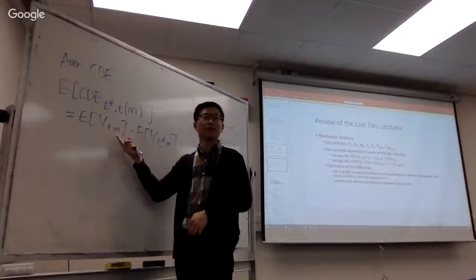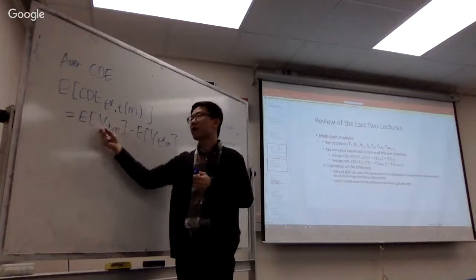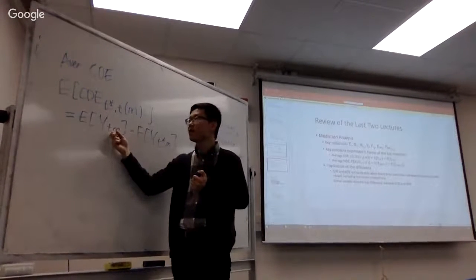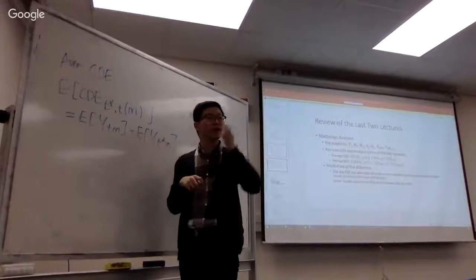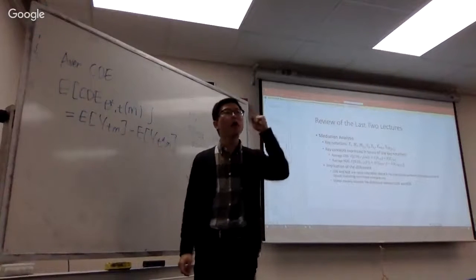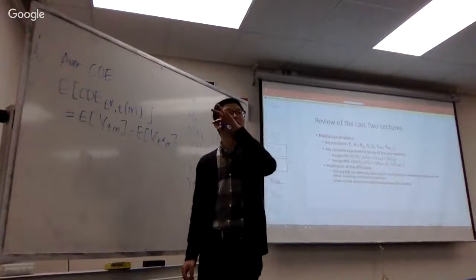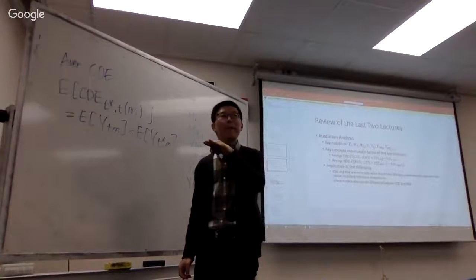And the CDE would be the average of the potential outcome of TM, which means the potential outcome of y when t is set to the smaller t and m is set to smaller m.